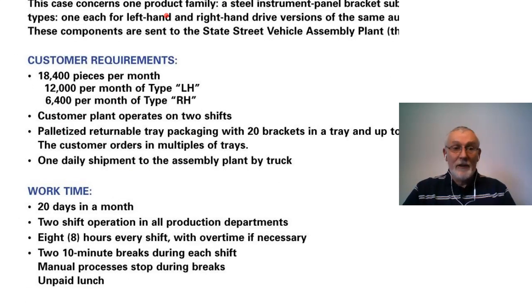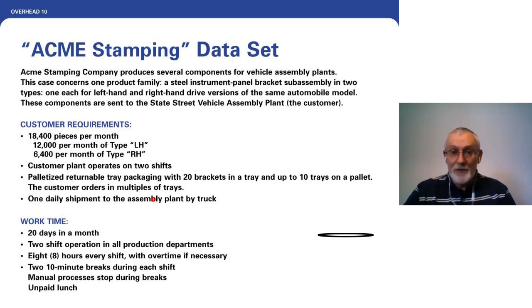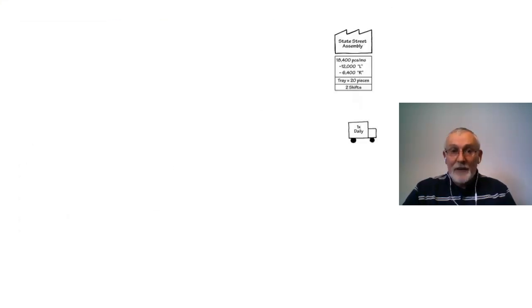And similarly, some of the information regarding their own work time. They're doing 20 days a month, 2-shift operation, 8 hours, and so on. So the point here is that this is information that's relatively easy to capture, should be readily available from our customers. Let me move on to the next slide, and you can see we've actually started to draw things here.